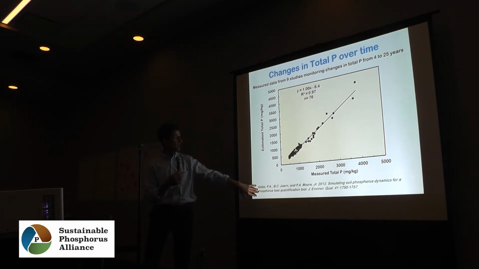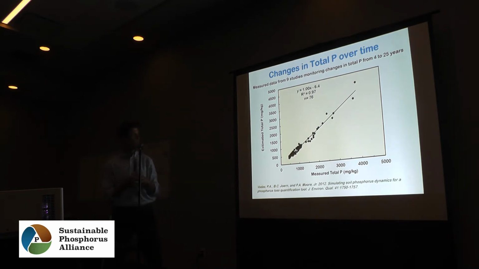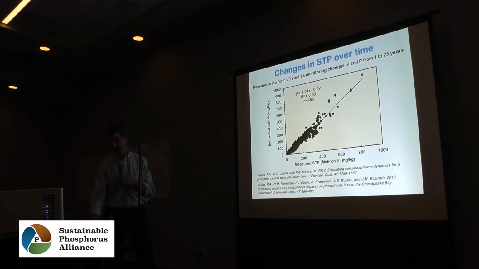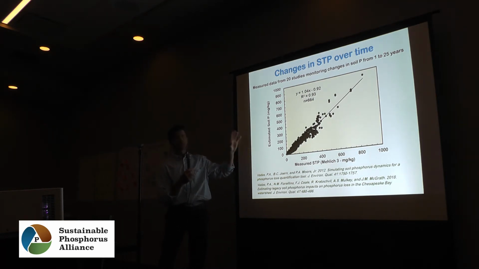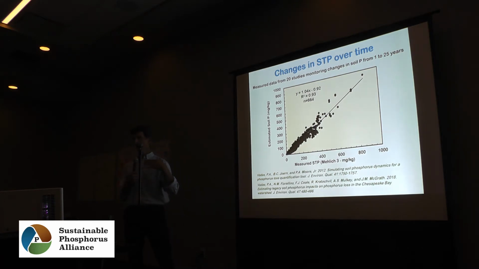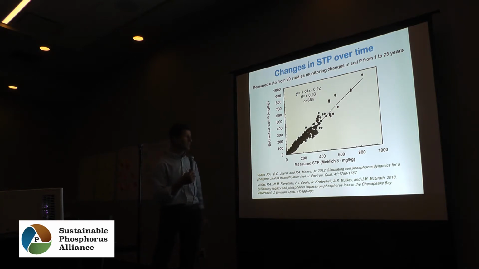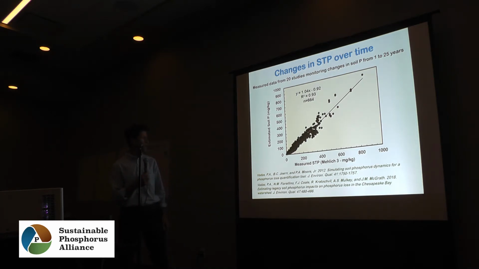We have some of that data here for 76 different situations. And then changes in soil test P, which is really that change in labile P through time. There's a lot more data out there on changes in soil test P over time, so nearly 700 data points here.